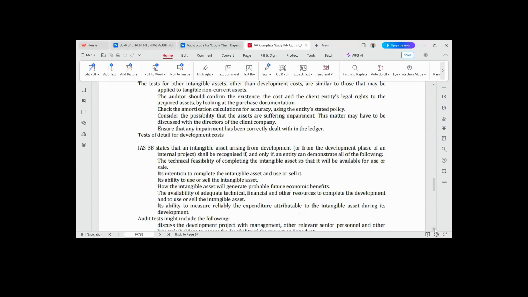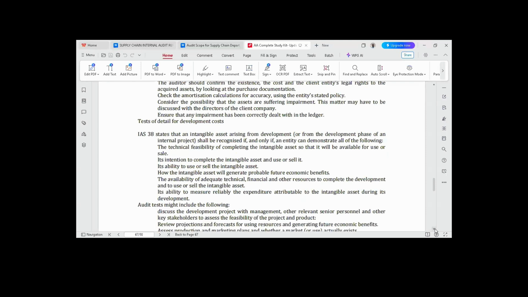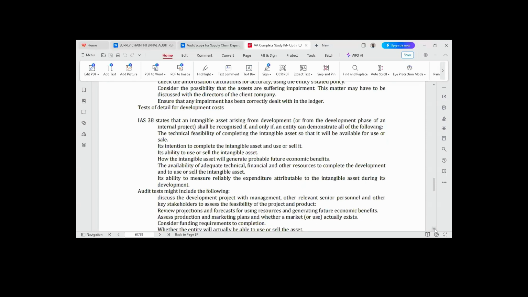How the intangible asset will generate probable future economic benefits. The availability of adequate technical, financial, or other resources to complete the development and to use or sell the intangible asset. The ability to measure reliably the expenditure attributable to the intangible asset during its development.